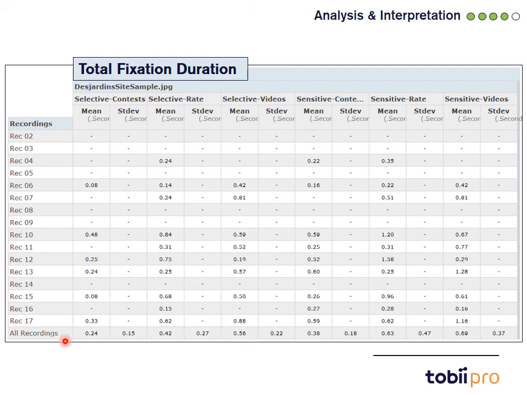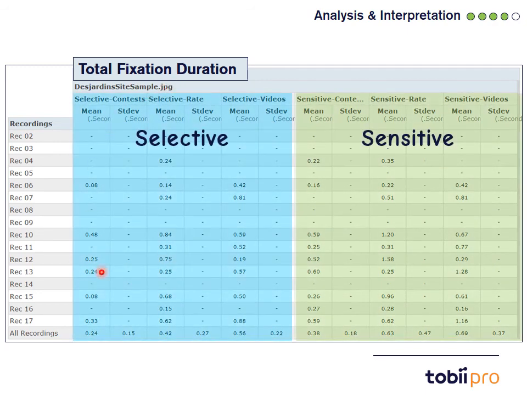And in this example, we're going to, again, focus on the contest, rate and videos AOIs, and initially here, the total fixation duration metric, and the selective forms, which were slightly smaller, and the sensitive forms of the AOIs for these different areas. Now, in the worst case, or in the most dangerous case, you can actually make data disappear or appear, depending on the size of the AOIs, and that certainly could be misleading.